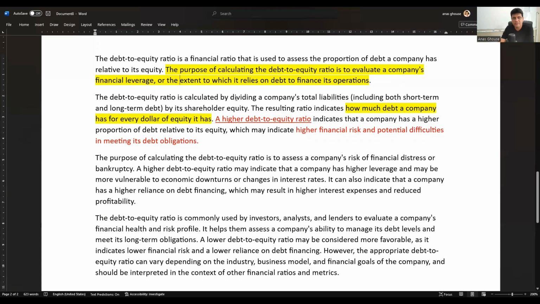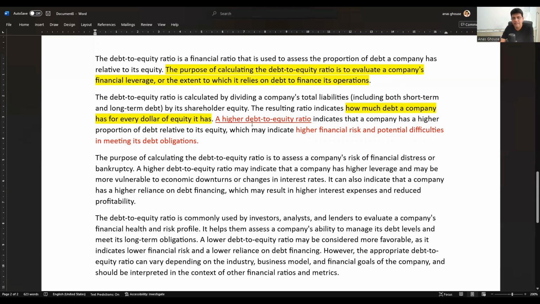The debt to equity ratio is calculated by dividing a company's total liabilities, as I told you, both total short-term and long-term debt, by its shareholders' equity. The resulting ratio indicates how much debt a company has for every dollar of equity it has.